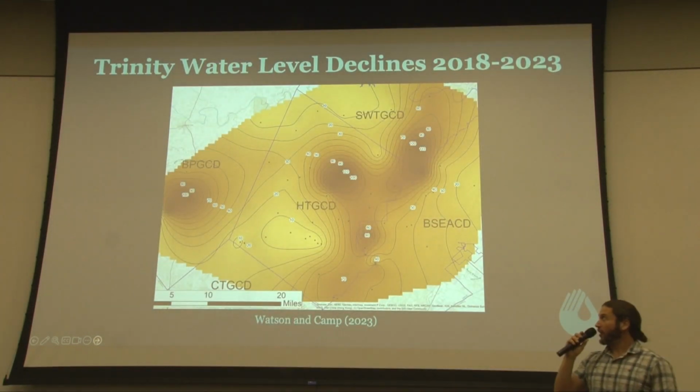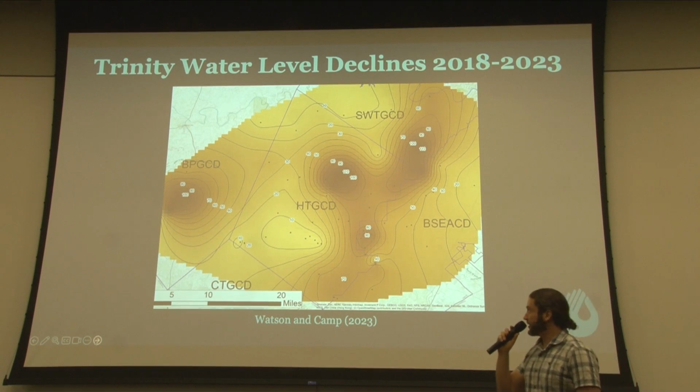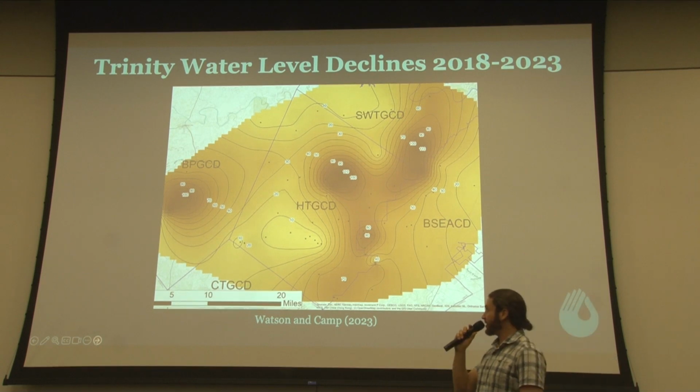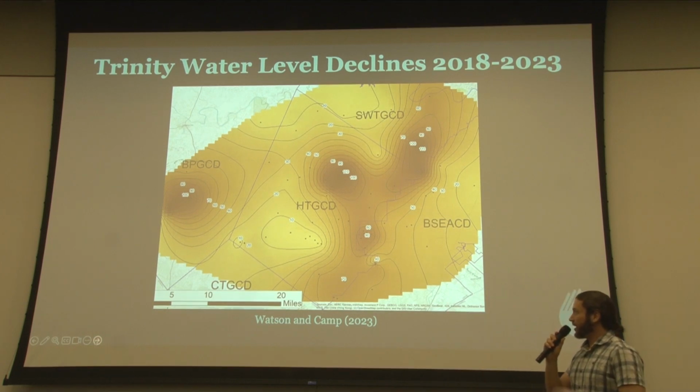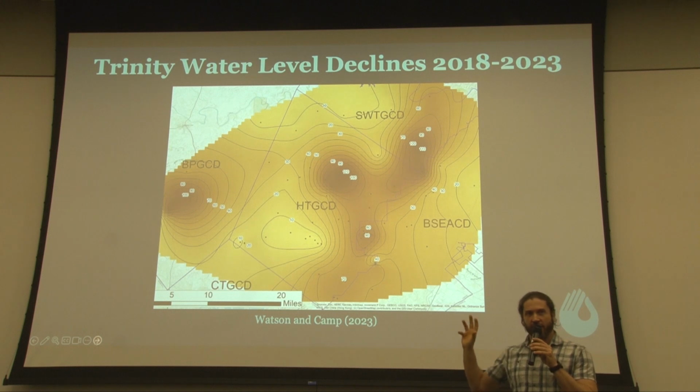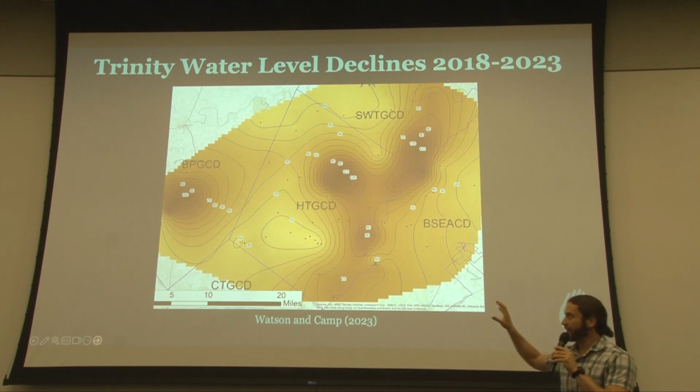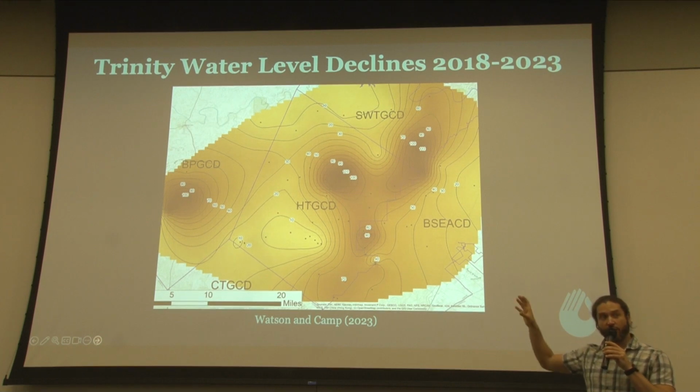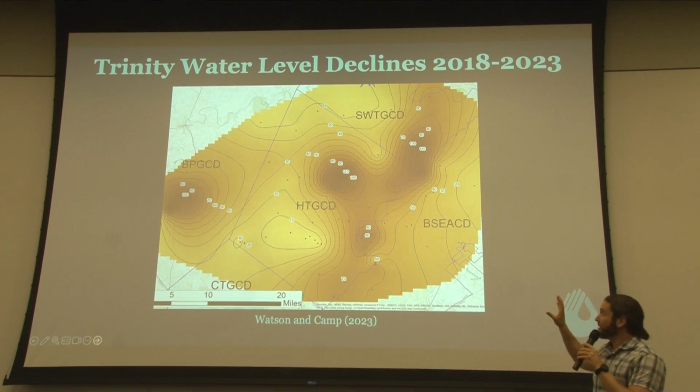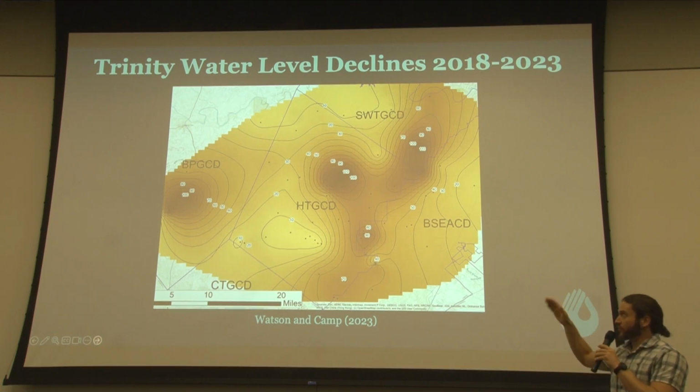So this is a figure from our Trinity groundwater level study that we did in fall of last year that I mentioned earlier. This is a groundwater decline map. If we take all of the wells that we collected water levels from in 2018 and then compare the water levels in those same wells to 2023, subtract and plot the difference, that's what this map is.